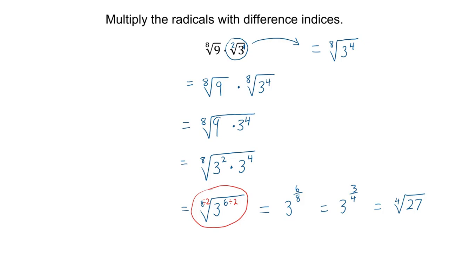And we ended up with the fourth root of 3 to the third. And we just simplified 3 to the third as 27. So not only can we multiply an index and an interior exponent by the same number, to simplify radicals, we can also divide the index and an interior exponent by the same number.